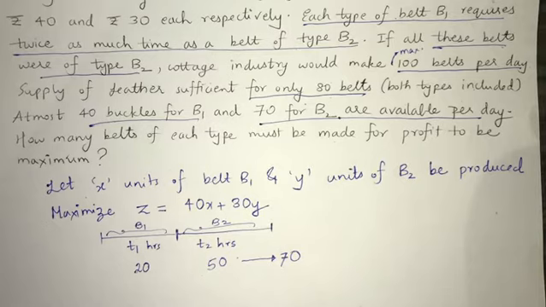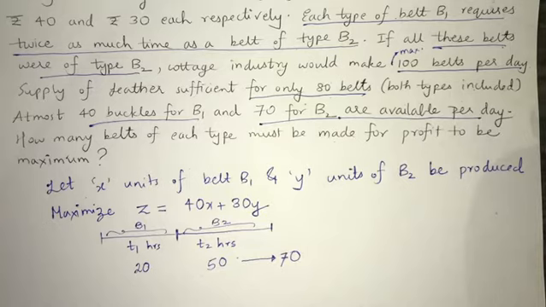In a day, T2 hours is allocated for the production of belt of type B2. If in time T1 I see that there are 20 belts of type B1 produced, and in time T2 I see that there are 50 belts of type B2 produced.